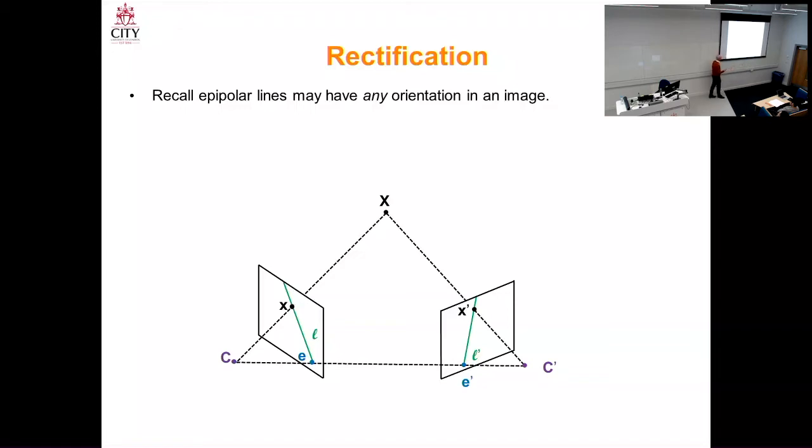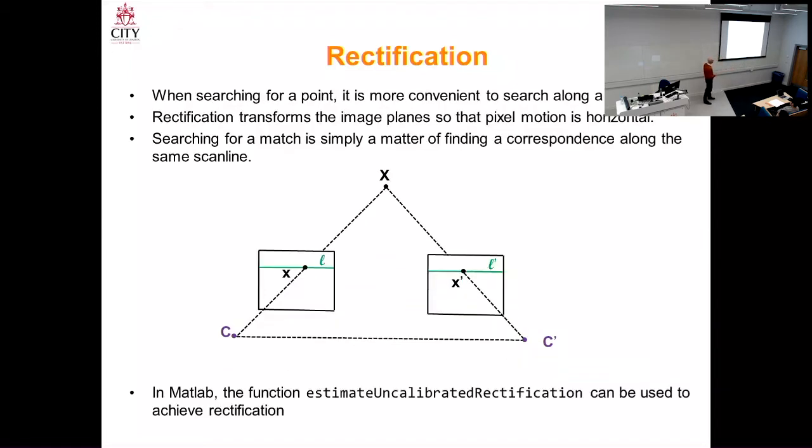So in rectification, what you do is you actually adjust the image, warp it, so that you can reduce the search not only to a line, but a line that's axis aligned, okay? So here I've got a horizontal line in both of these images. And essentially it's an image warping, okay?